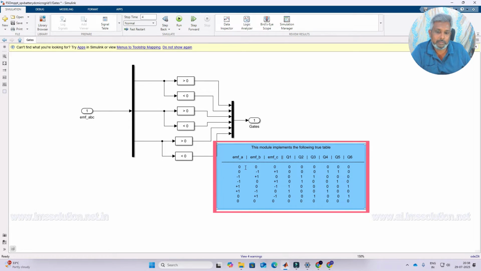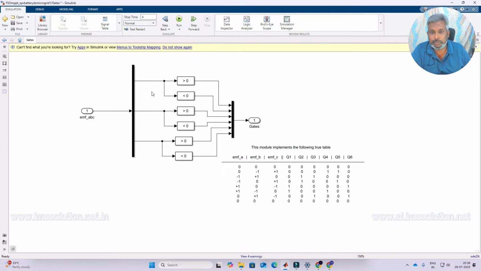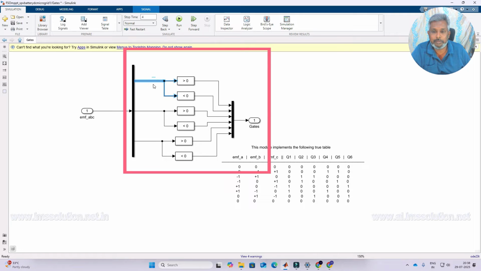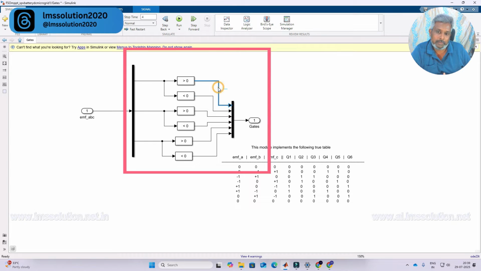According to each state, we have to generate a switching pulse. Here we are comparing the back EMF with greater than 0 and less than 0. If it is greater than 0, it generates the pulse for Q1. If it is less than 0, it generates the pulse for the lower switch. That means this is the first arm upper switch and first arm lower switch.